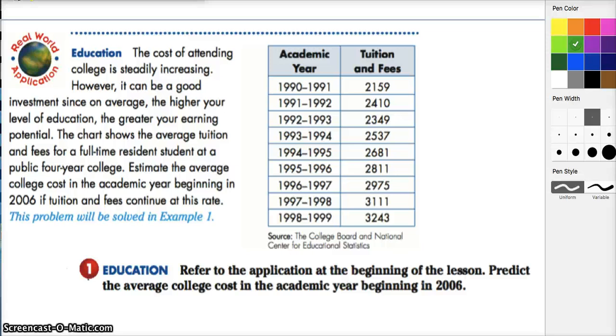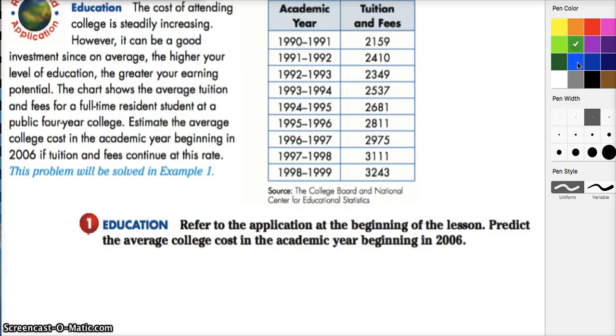Estimate the average college cost in the academic year beginning in 2006 if tuition and fees continue at this rate. Well, clearly we've been given some data, and that data is going to set the tone for how we create our equation. And 2006 is not contained within our data, so we need to use a predictive equation.